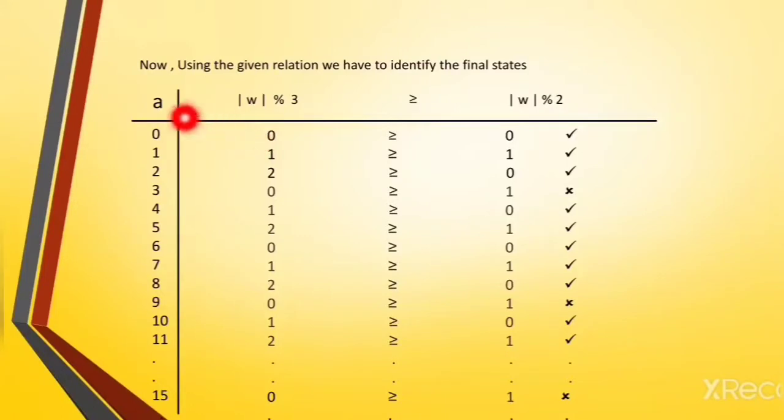When the number of A's is 3, 9 and 15, the condition is never satisfied. Which condition? That is, W mod 3 must be greater than or equal to W mod 2.